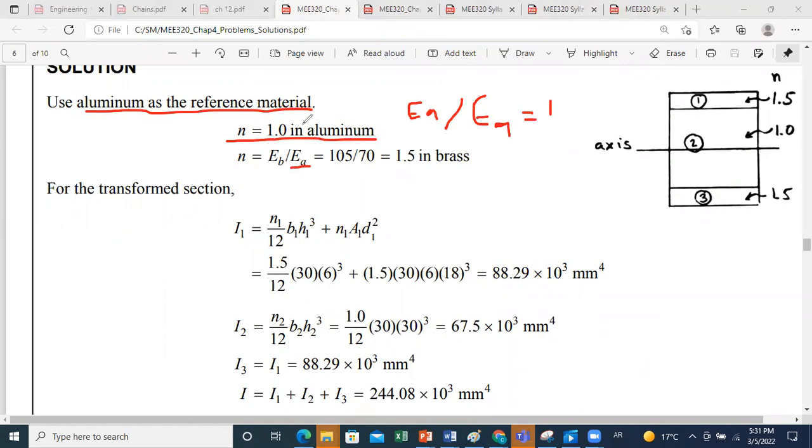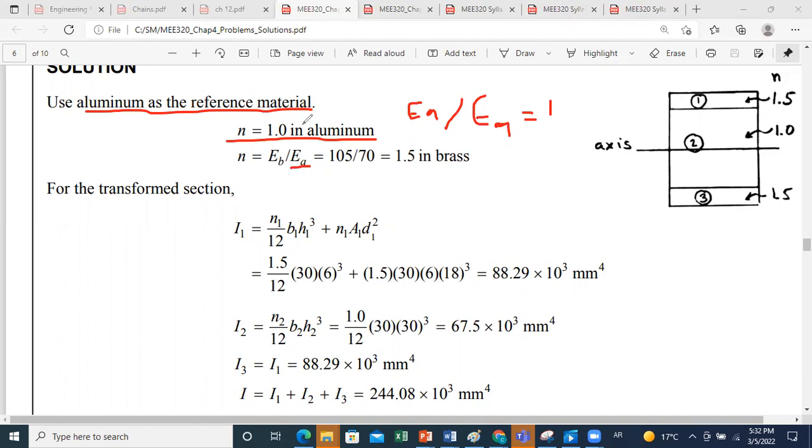Okay, why are we doing this here? In general, whenever you have just 2 materials, for the reference material you don't do any modification, and for the other material, you should multiply the area by n. Sometimes, if you have several materials, then you can define n for each material.